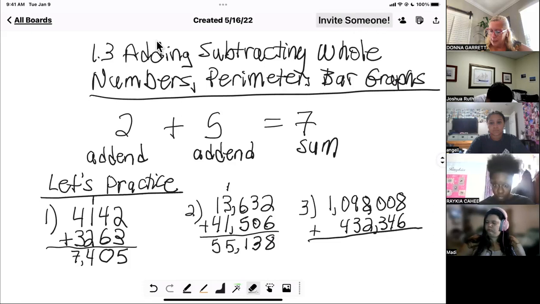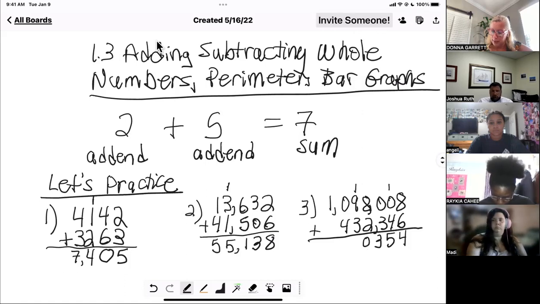Okay, 8 plus 6 is 14. 4 plus 1 is 5. 3 plus 0 is just 3. 8 plus 2 is 10. Carry the 1. 9 plus 1 is 10, plus 3 is 13. 4 plus 1 is 5, and the 1 comes down.